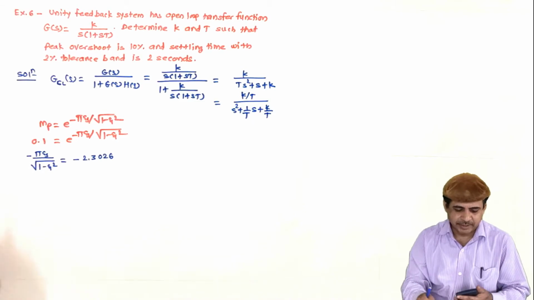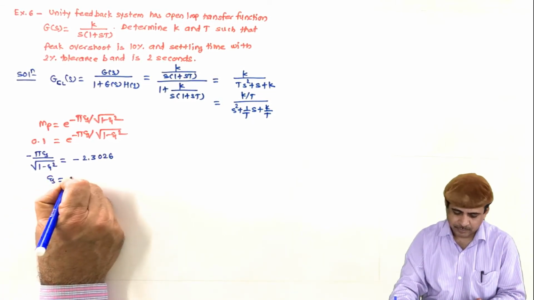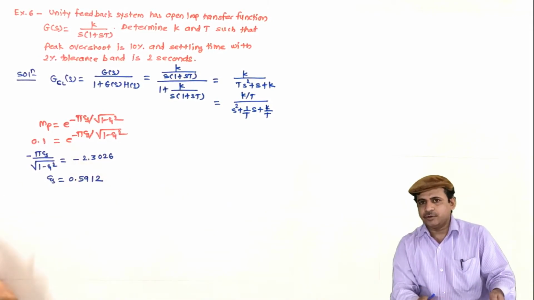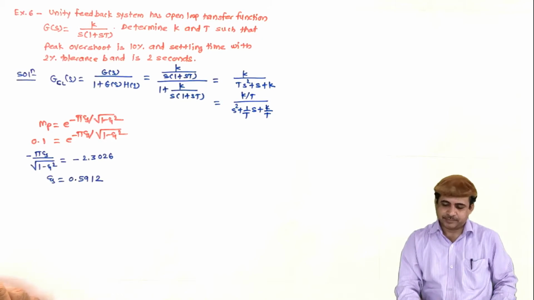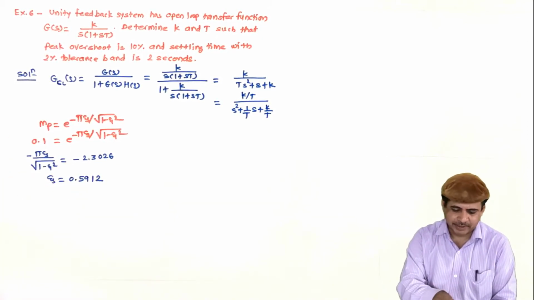So the zeta is coming as 0.5912. How to solve this, I have explained in the previous lecture or previous numerical example. Same we are continuing. So zeta is obtained.